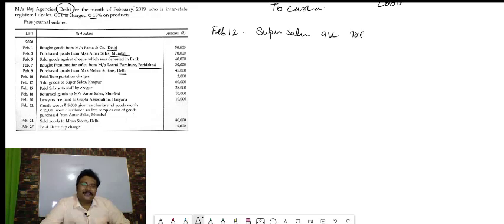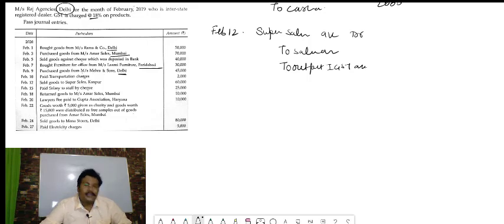Supercells account debit. We sold the goods, so to sales account, and after that to output, not CGST SGST, because it is not in Delhi, it is outside of Delhi in UP. So to output IGST account. So how much for Feb 12?